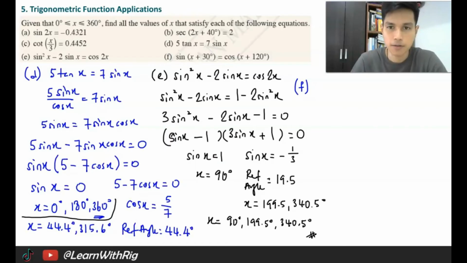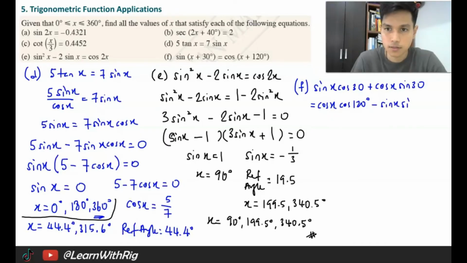So you expand, you get sine x cos 30 plus cos x sine 30 equals to, so the cos part is cos x cos 120 minus sine x sine 120.